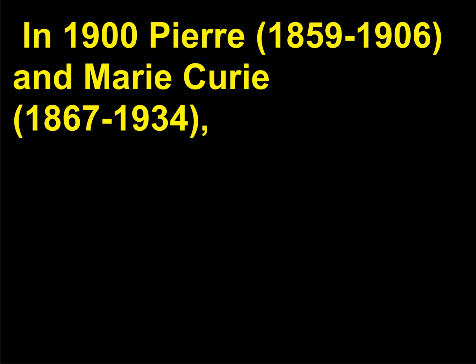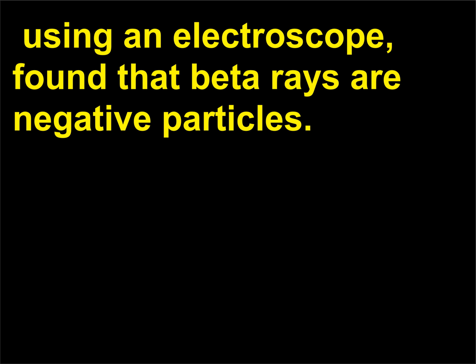In 1900 Pierre, 1859 to 1906, and Marie Curie, 1867 to 1934, using an electroscope, found that beta rays are negative particles.